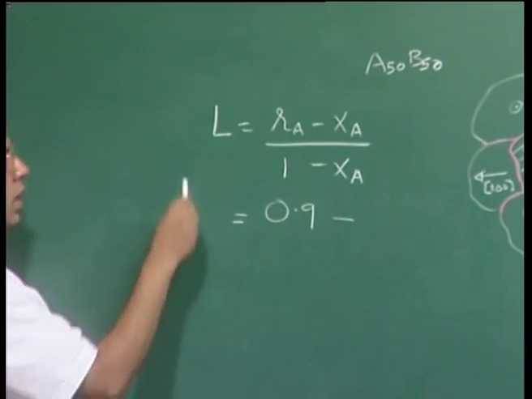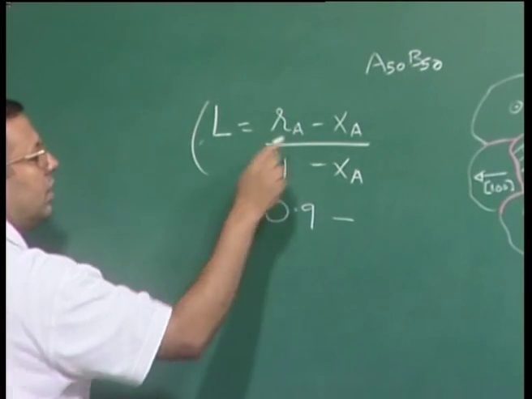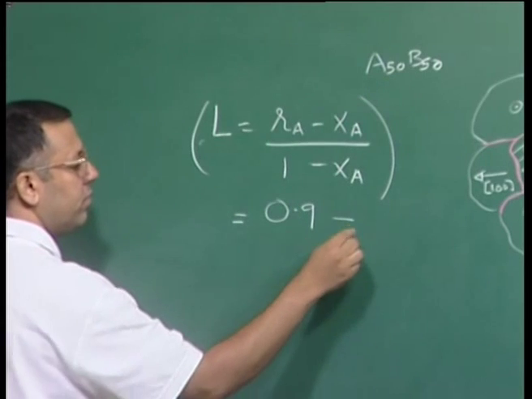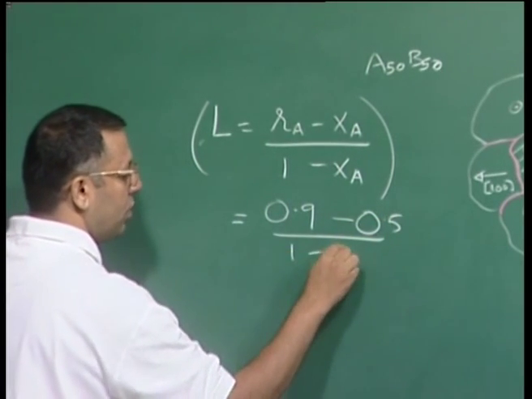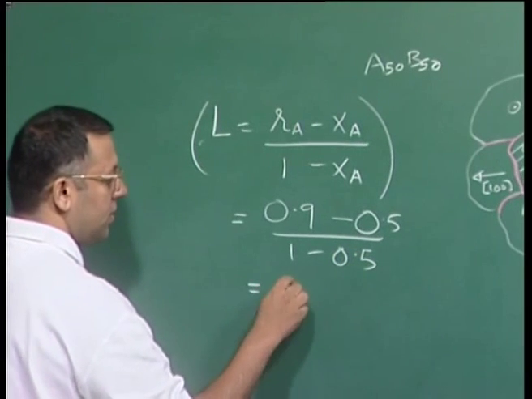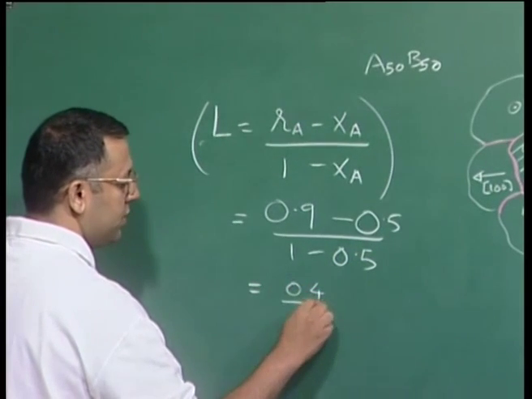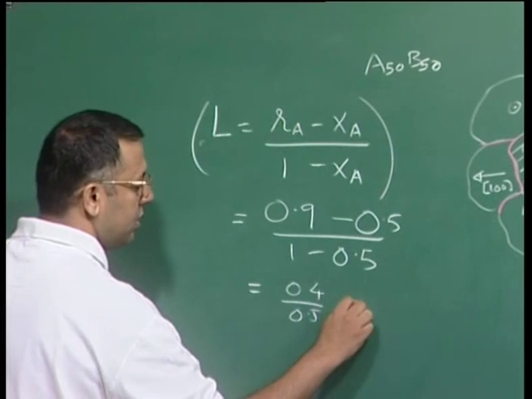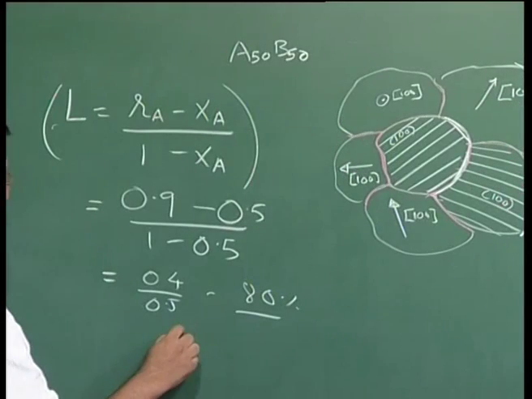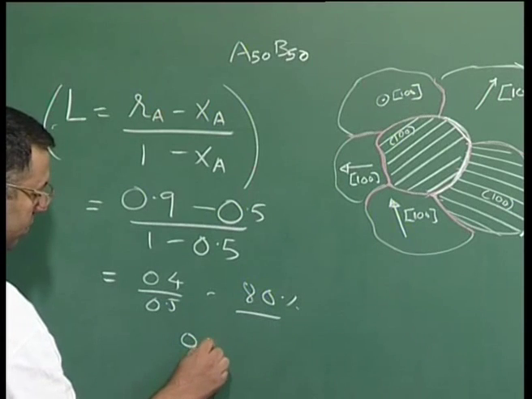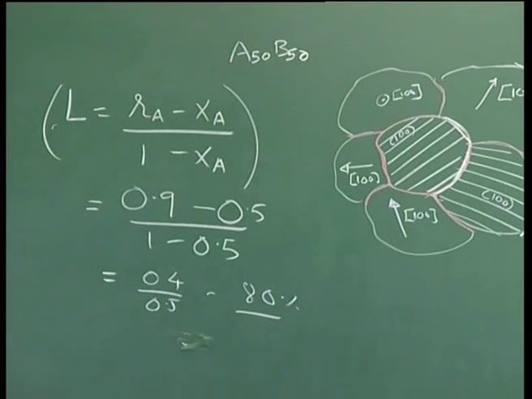So, my Ra is 0.9, my composition is A50 B50. So, L is Ra minus Xa over 1 minus Xa, and my composition is A50 B50, that means Xa is 0.5 and 1 minus 0.5. So, this is 0.4 by 0.5, which is 80%. So, this means this long range order parameter is 80% or 0.8.